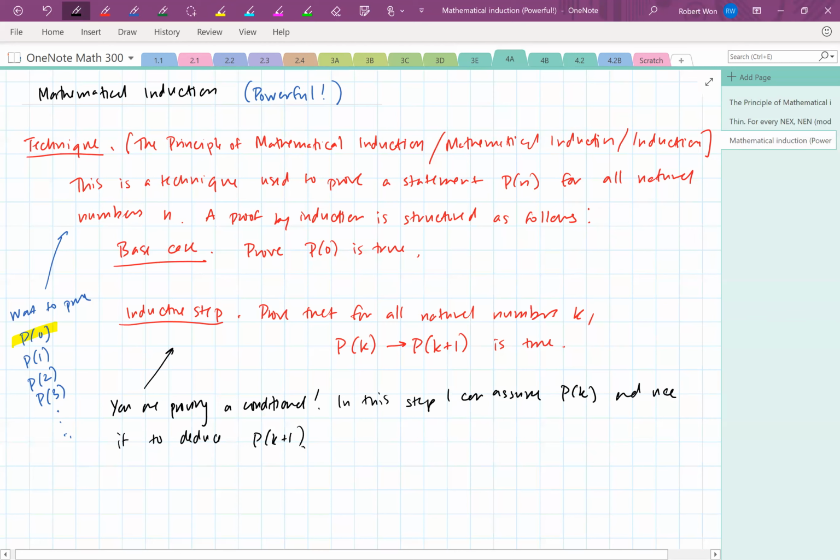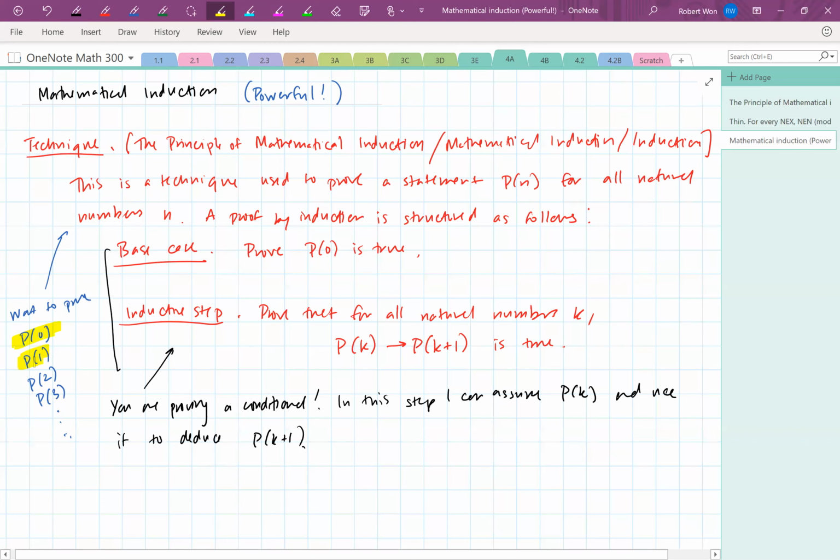Right? So why is it enough just to prove these two things? Why does that prove it for all natural numbers? Well, in the base case, you prove that P of 0 is true. But then in the inductive step, you prove that as long as P of k is true, then P of k plus 1 is true. So since I checked that P of 0 is true, that means that P of 0 plus 1 is true. So P of 0 implies P of 1.